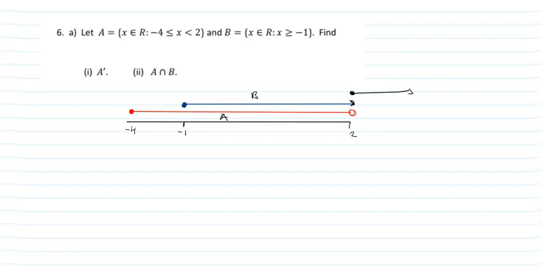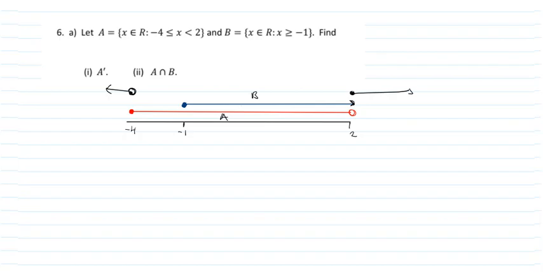Then here again, A complement will be open, because -4 was part of A, so it's not part of the complement. So that's how it will be affected.